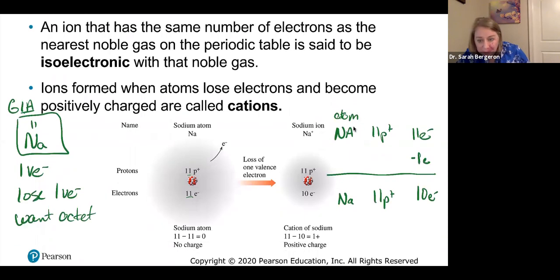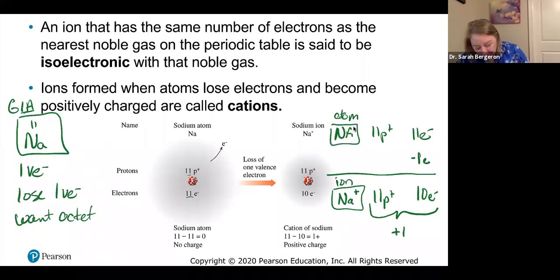Okay, so what does that do for my overall charge? I have 1 more proton than electron, so I'm a +1. So we just put the little plus sign. If it's a 1, it's understood as being there. So this is the ion, this is the atom, and that should not be a capital A. Come on, lowercase a, okay? So sodium atom versus sodium ion. It's just a different number of electrons, right?